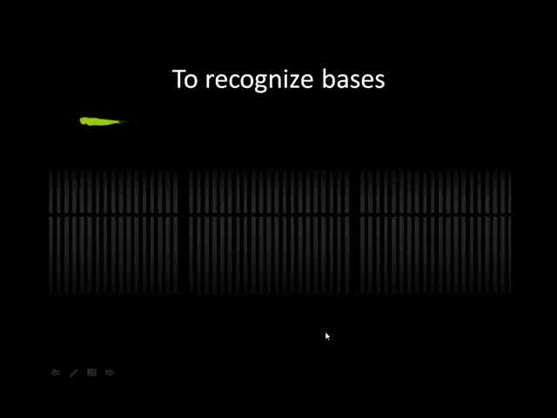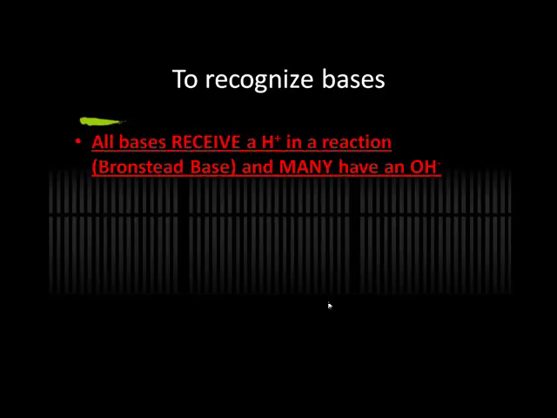For bases, there are some more patterns here. Again, we expect you to know this for Objective 4.1. All bases receive an H plus ion. They're a chemical that the acid donates its H plus ion to. In a lot of these chemical formulas, you're going to see the negative ion is a hydroxide ion, an OH minus.